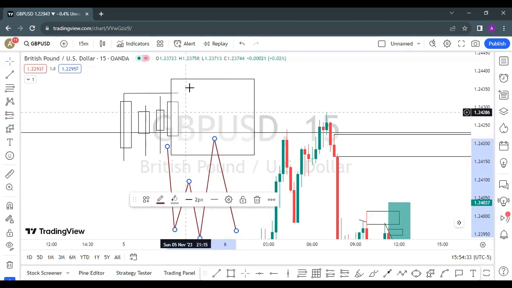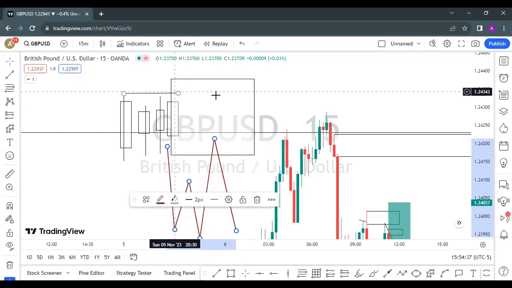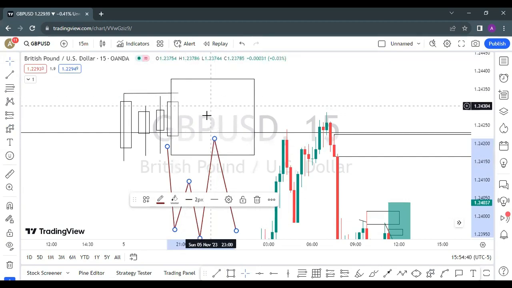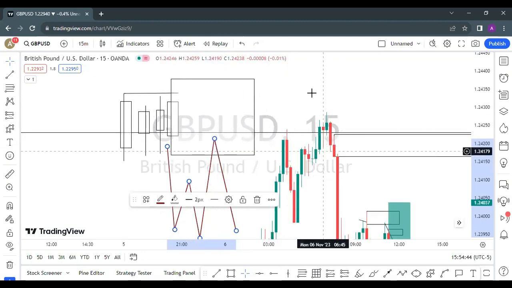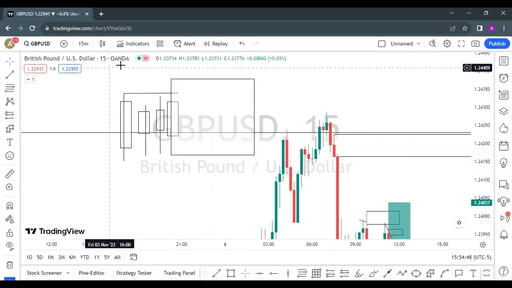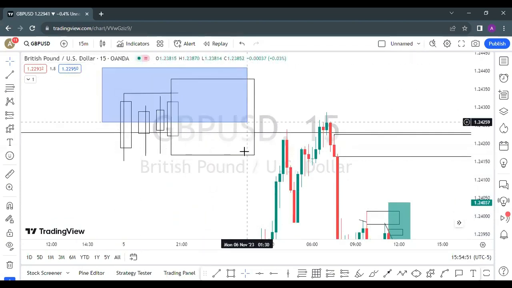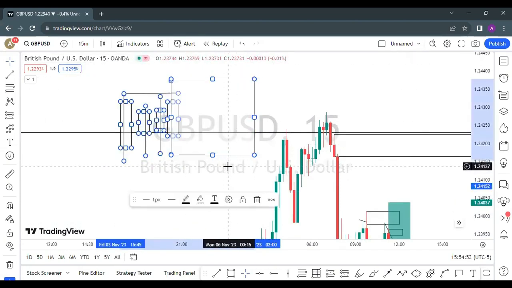But if it is a sweep zone or a single candle order block type of zone, again on the lower time frame we are making the entry from, then you don't need the IDM. And that is what we are seeing over here.